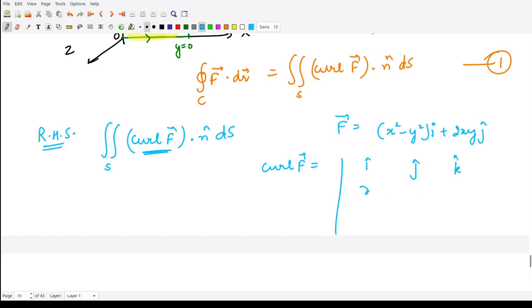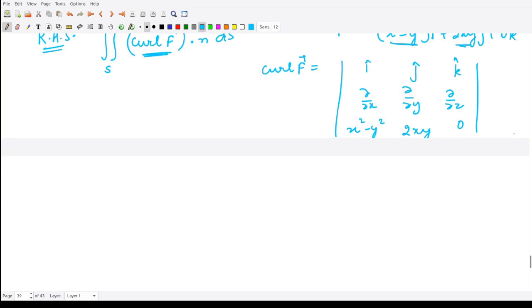It would be del by del x, del by del y, del by del z, and the quantities here. So you have x square minus y square and you have 2xy and 0 here because there is no k component here. So you have 0 k cap. When you calculate this curl of f, it would come out to be i cap 0 minus 0, and then you have minus j cap.